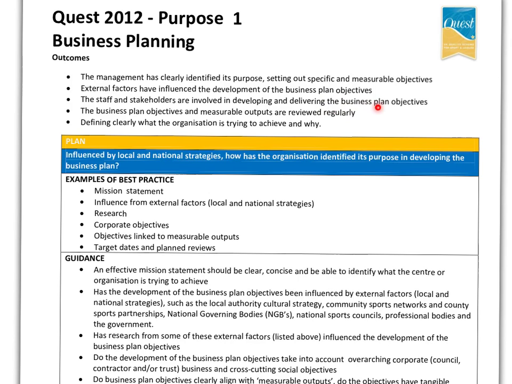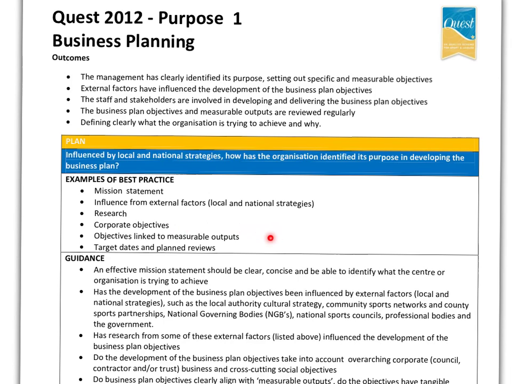So again, Quest is saying that across the country, the best practice from all industry providers in sport and leisure would see effective organisations clearly having a mission statement, that they would clearly undertake research, that there would be specific, measurable corporate objectives.